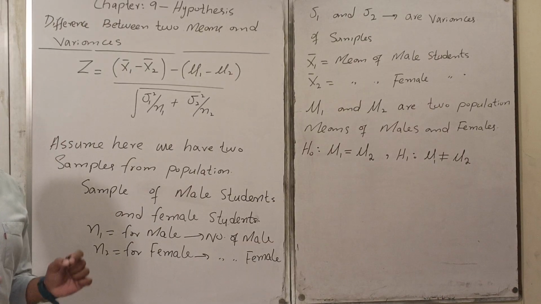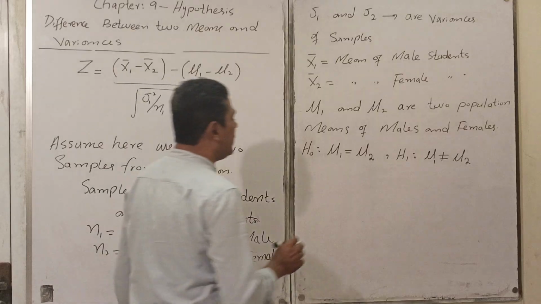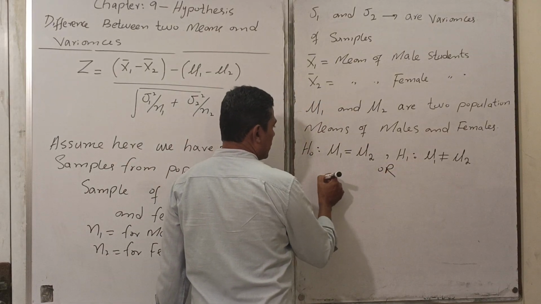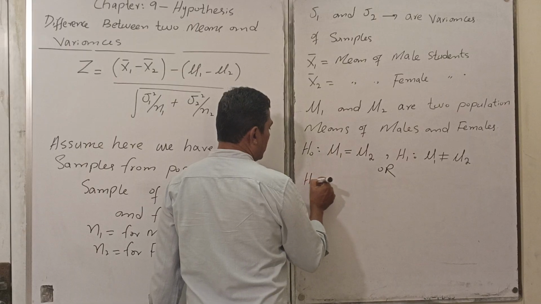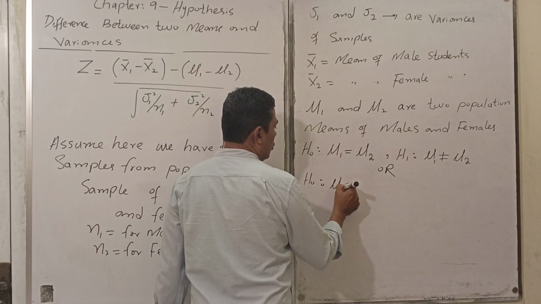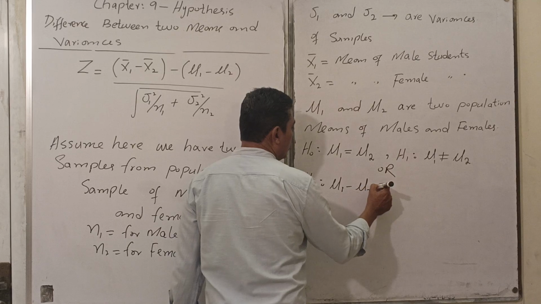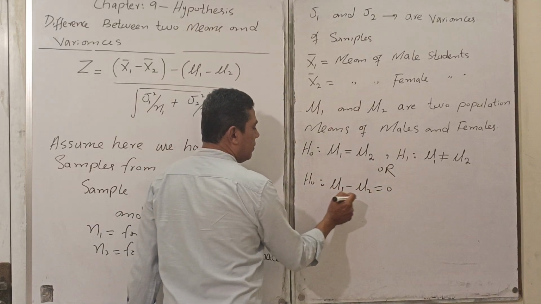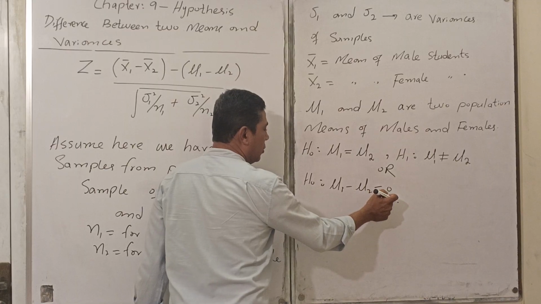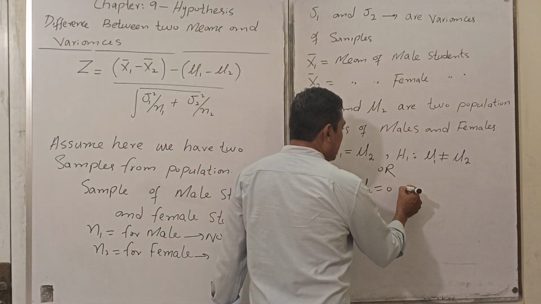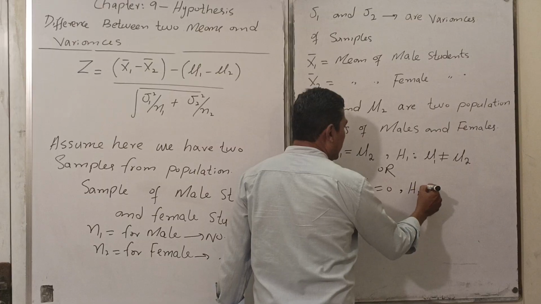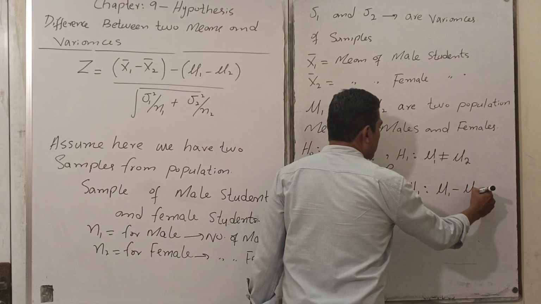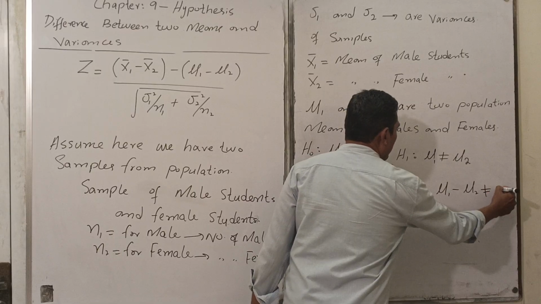It is the case of two tail, or you can write it H naught: mu1 minus mu2 equal to 0. So H1: mu1 minus mu2 not equal to 0.